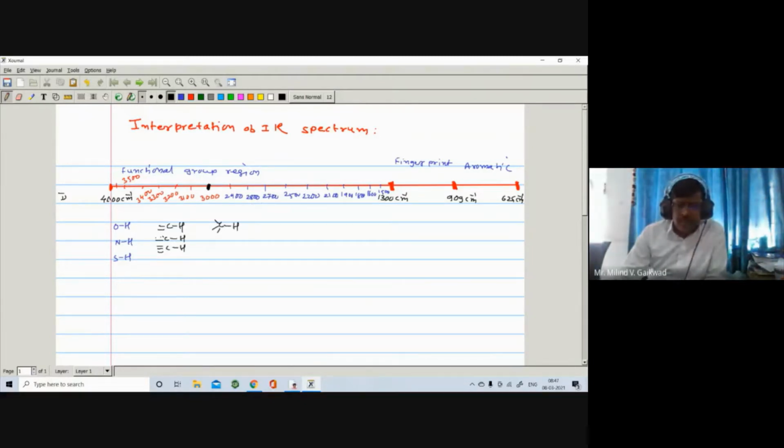Now we have seen carbon-carbon single bond, carbon-carbon double bond, and carbon-carbon triple bond.